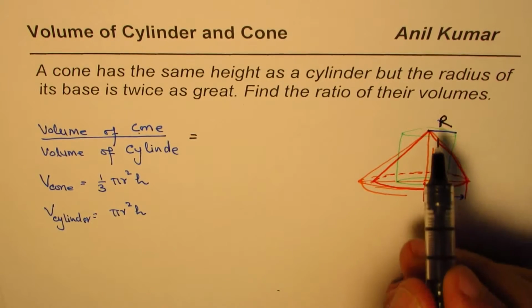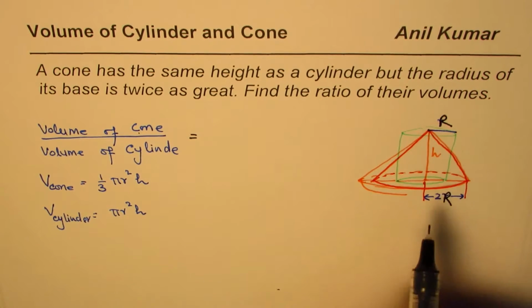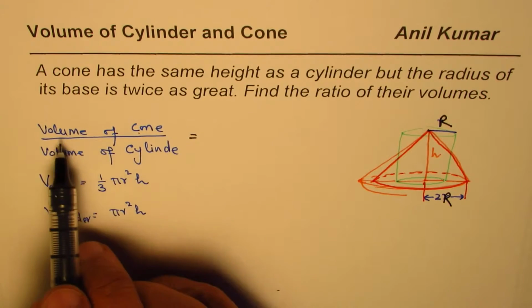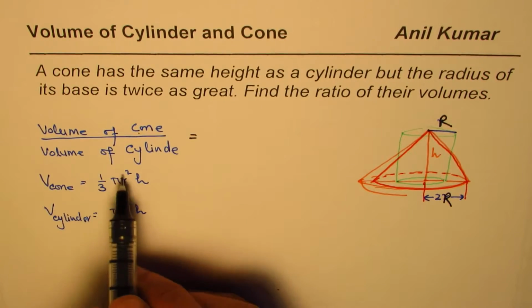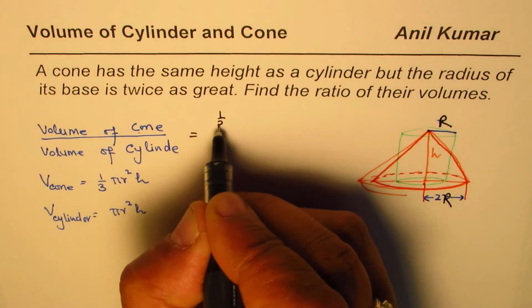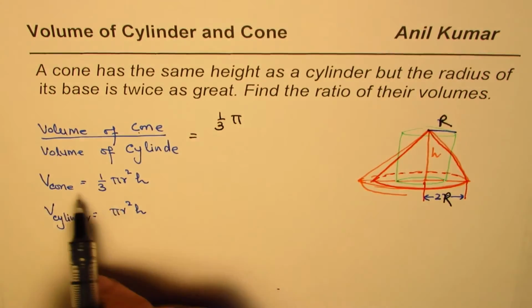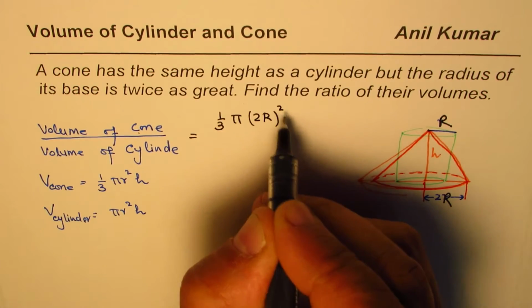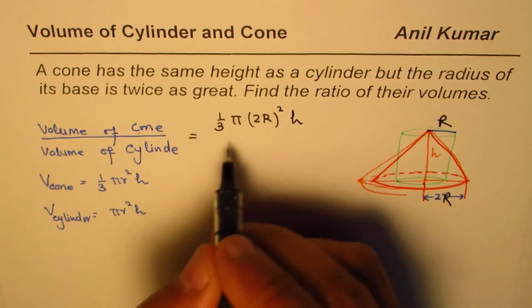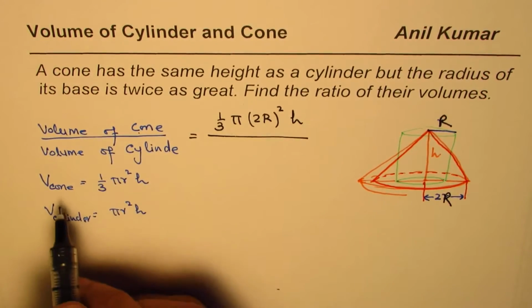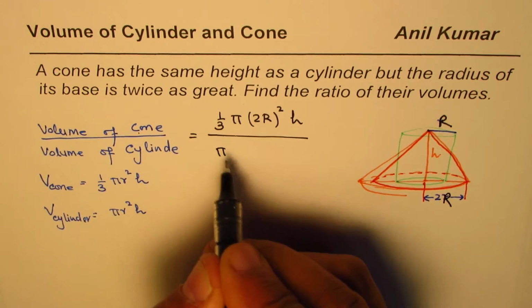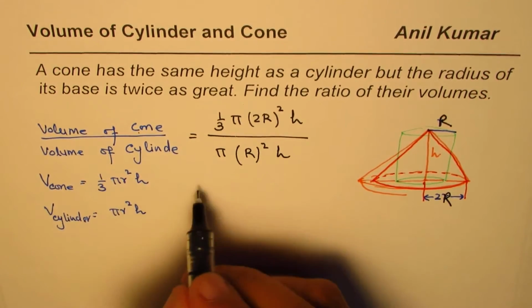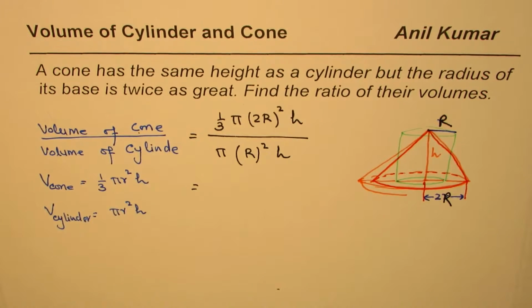Let us say capital R is the radius of cylinder, then radius of the cone is twice that capital R. Volume of the cone is 1/3 pi, radius is 2R, so 2R square, and height is same, so we are using the same height h. For the cylinder, it is pi R square h. So that becomes the ratio.